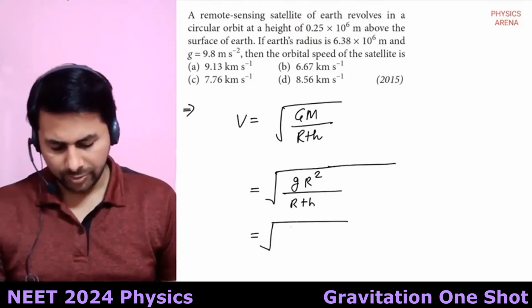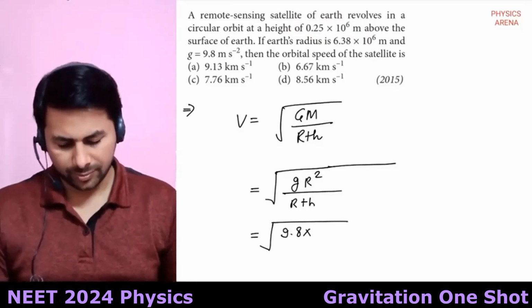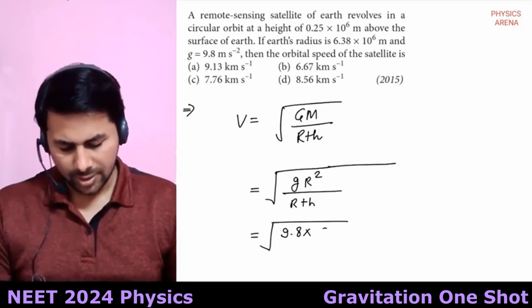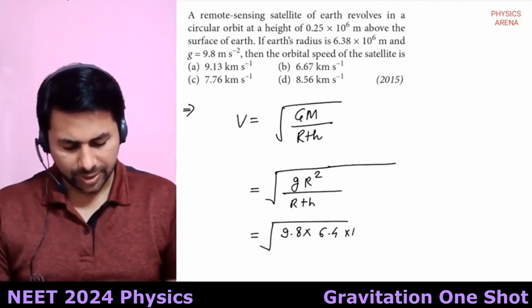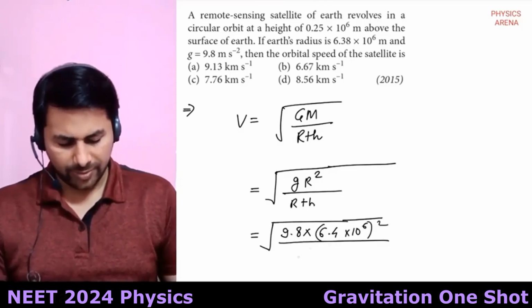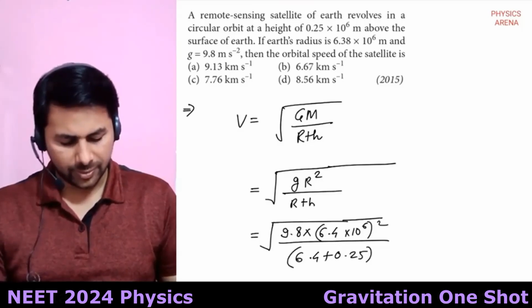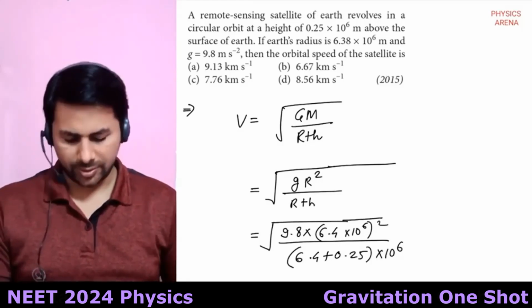So what can we do? 9.8 multiplied by R square, 6.4 into 10 raised to 6 square, divided by 6.4 plus 0.25 into 10 raised to 6, right?